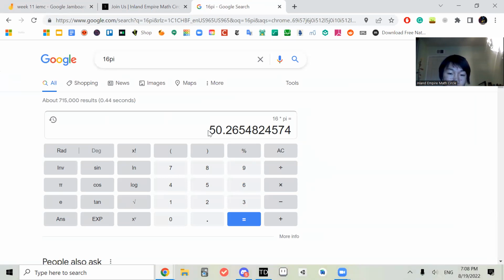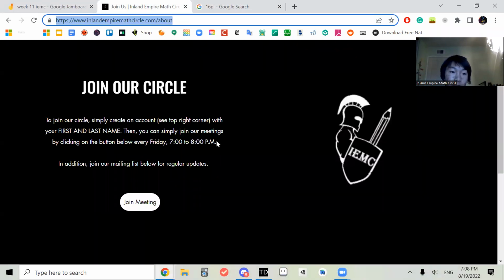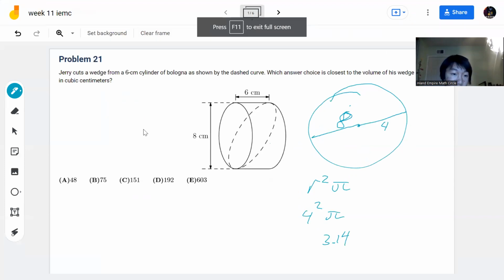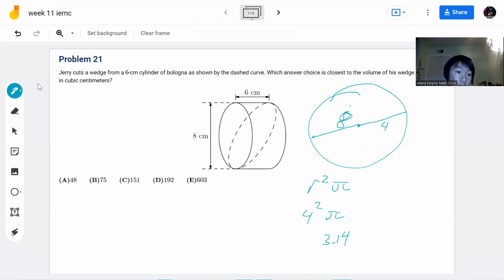That's around 50.3, so we're getting around 50.3 centimeters squared. All right, now we know the area of this circle.